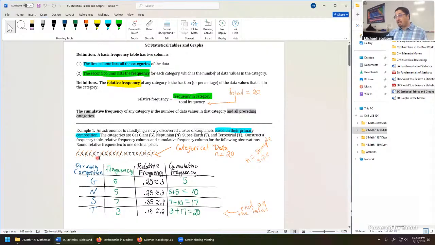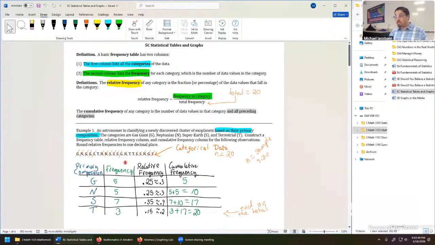So we were looking into these categories where all these uppercase letters are categorized according to whether we're dealing with gas giants, Neptunian planets, super Earth planets, or terrestrial planets. And then after all the observations were made, we listed the categories: primary composition of the planets.